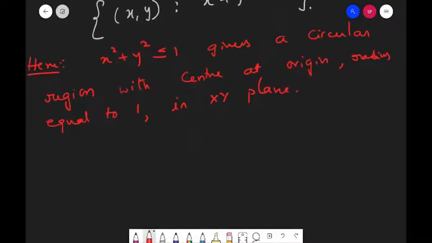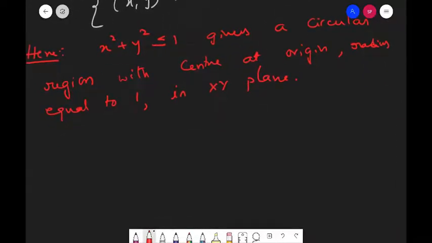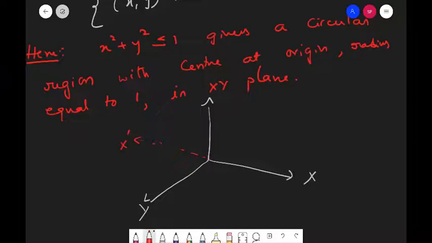Let us see what it is. If I take three-dimensional space, where do I have the xy plane? This is the negative x-axis, and this is the negative y-axis. So what is x square plus y square less than or equal to 1? Here x square plus y square equal to 1 is a circle.